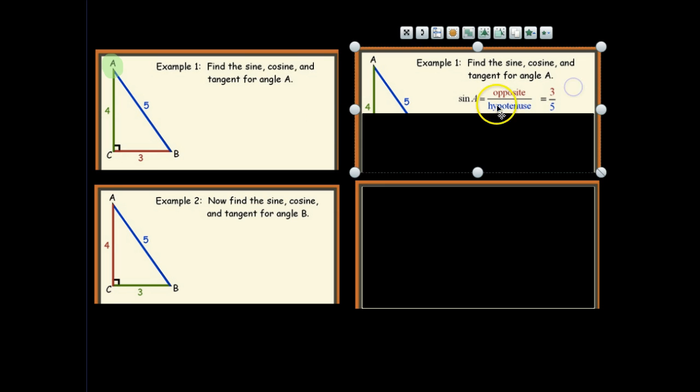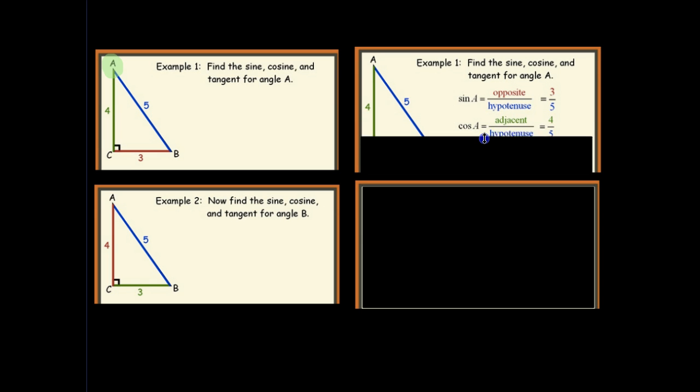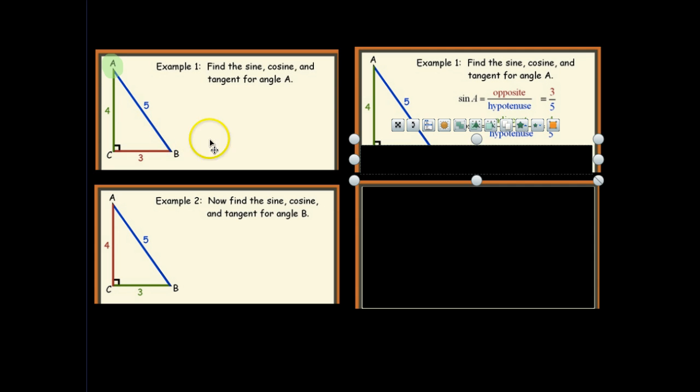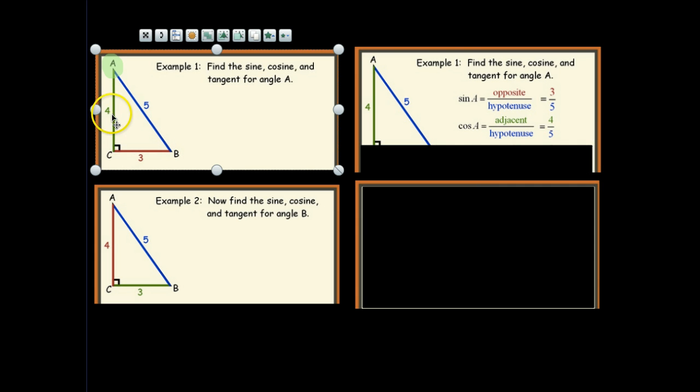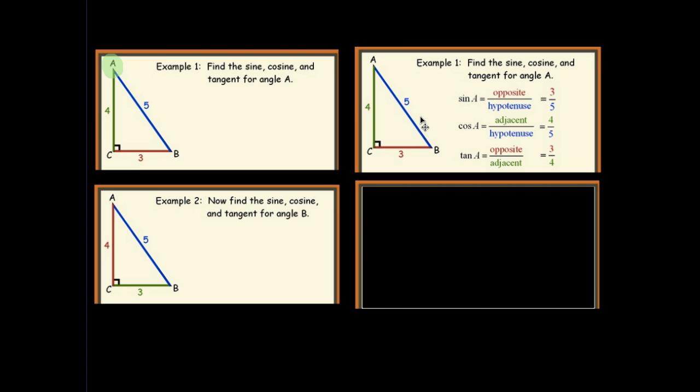If we look at that, opposite from A is 3, and the hypotenuse is 5. Therefore, the sine of angle A is 3 over 5. That's the ratio. The cosine then would be adjacent over hypotenuse, and the adjacent is 4, so 4 over 5. Finally, tangent is just opposite over adjacent, so that would be 3 over 4.